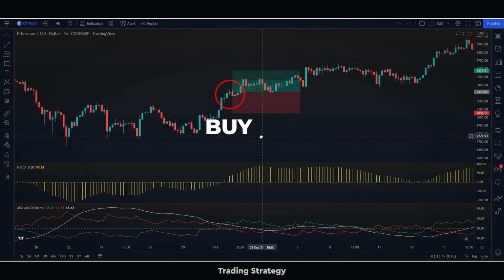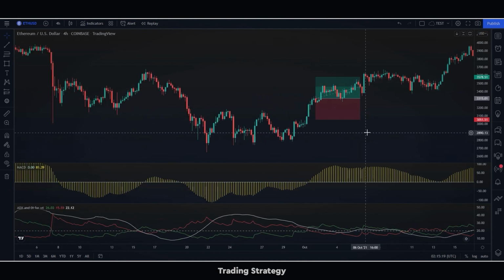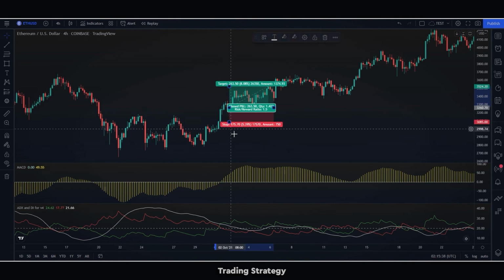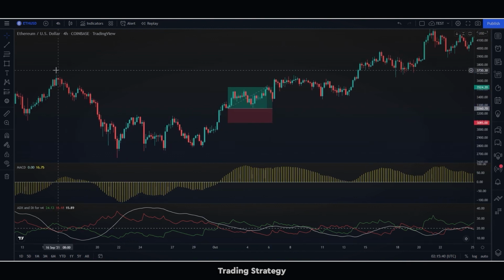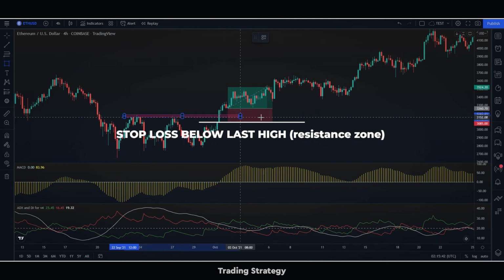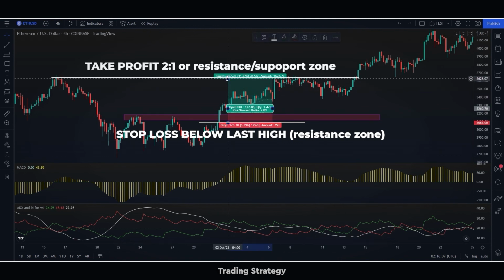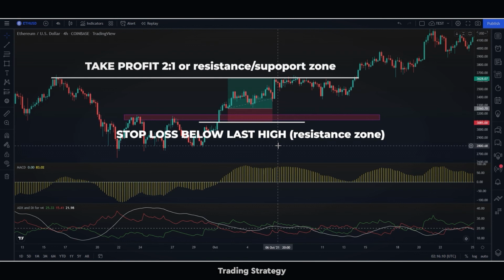We will put our stop loss at the last low or high, and our take profit in a risk-benefit ratio of 2 to 1. This means that we risk 1 to get 2. It is also preferable to place the take profit in the support and resistance zones.